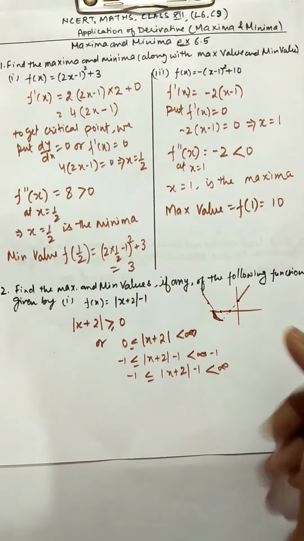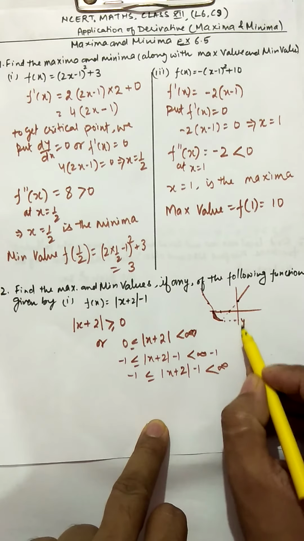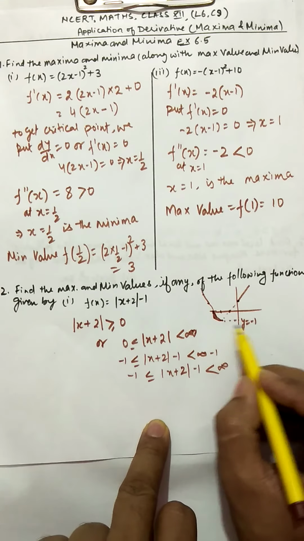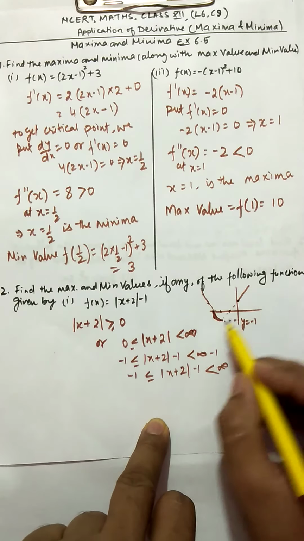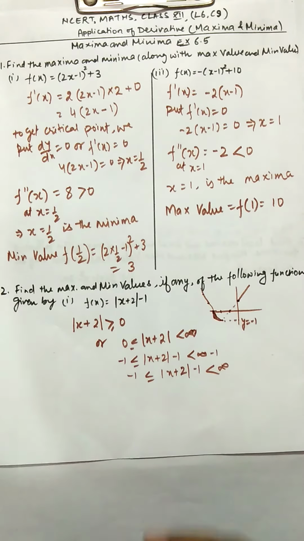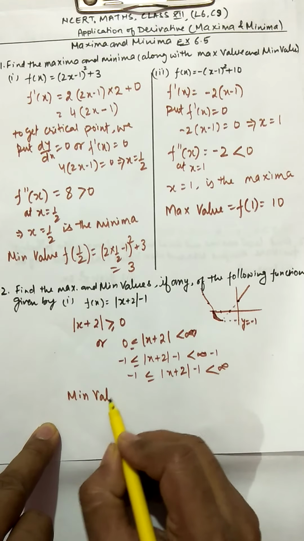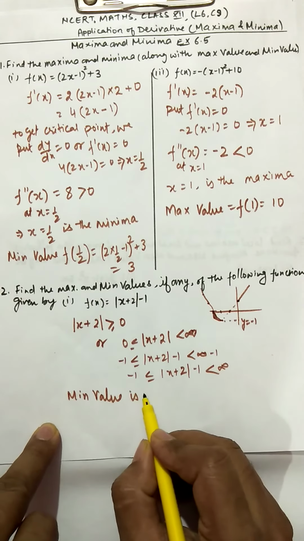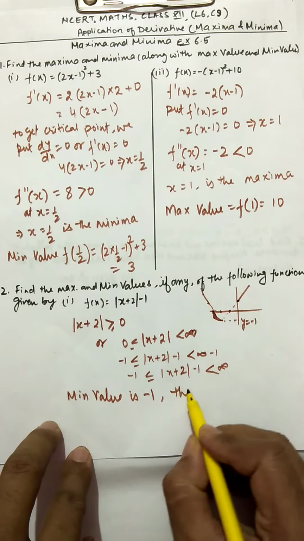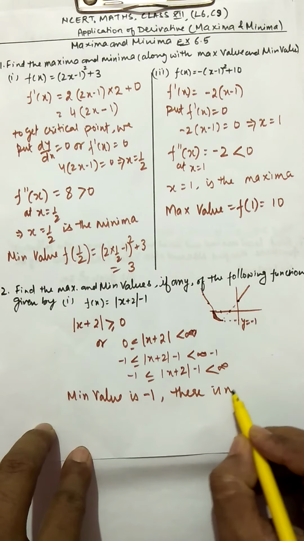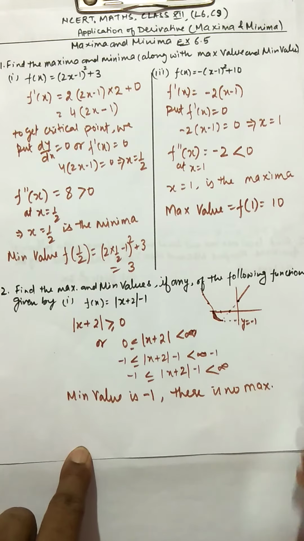And in the graph also you can see that y = -1 is the minimum value and there is no maximum value because y keeps increasing. So you can say the minimum value is -1, there is no maximum value.